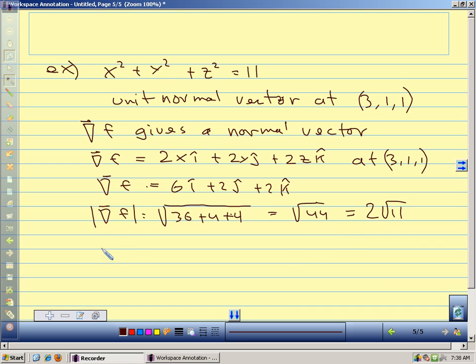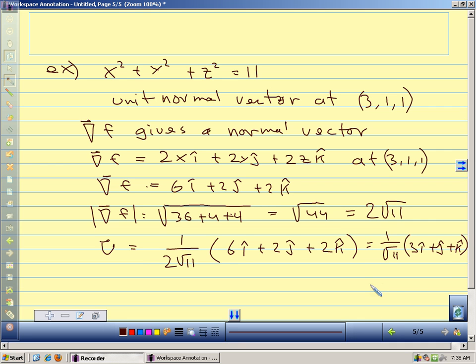So a unit normal vector, I'll call it u, is 1 over 2 square root of 11 times 6i plus 2j plus 2k, which equals 1 over square root of 11 times 3i plus j plus k. So there's our unit normal vector at the point 3, 1, 1. So del f is nice in that it gives us this unit normal vector.